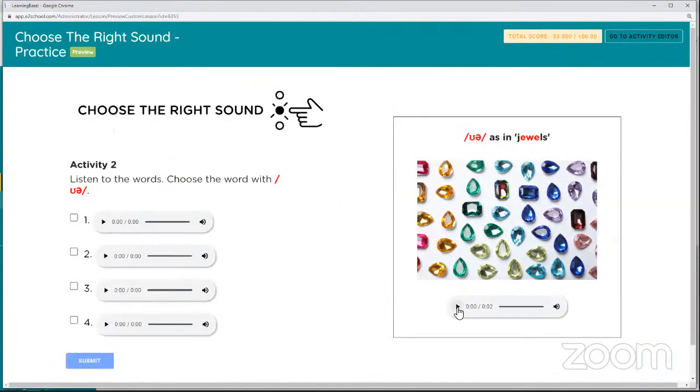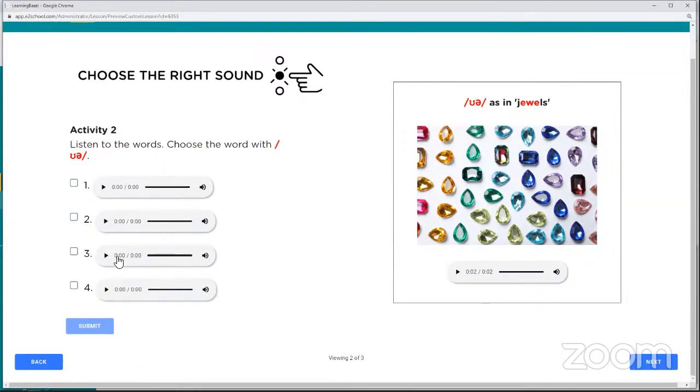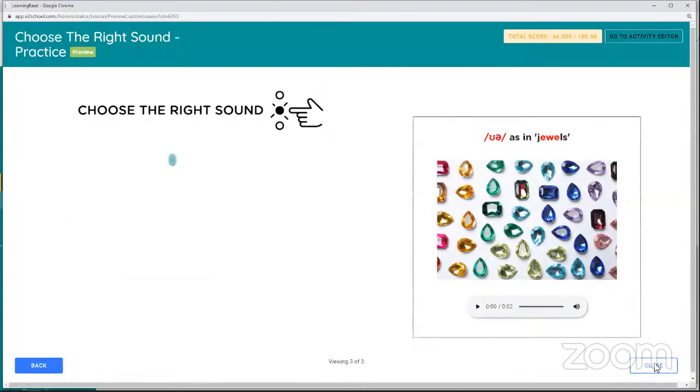Here's the sound again. Tour. Tire, tear, tear, tour, tire, tear, tear. Tour. Good work.